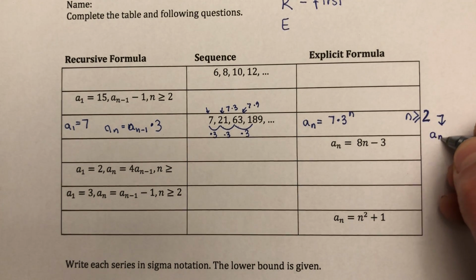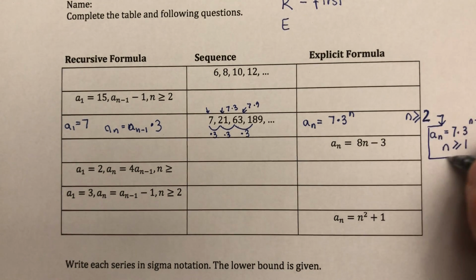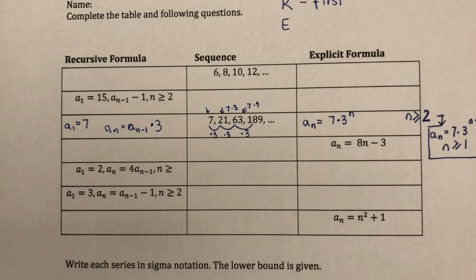You could say that a_n is equivalent to 7 times 3 to the power of n minus 1, and then you would have to write that n is greater than or equal to 1. So this is one way or the other, but I want you to see both because they are both commonly used.